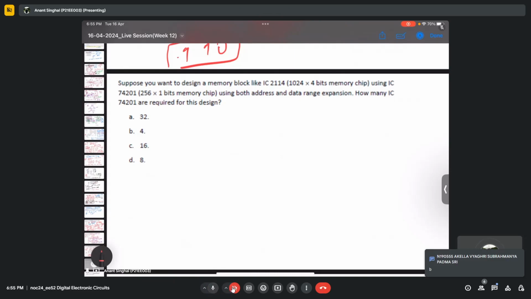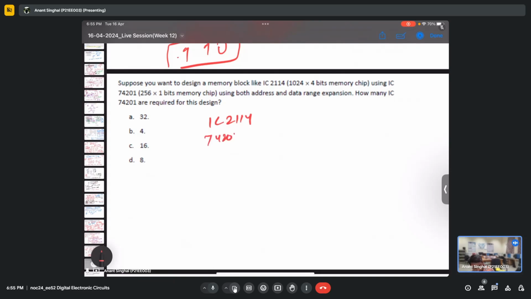The answer is 4. Let me also try. Now we have two ICs here, one is 1024 cross 4 bits memory, and the other is 256 cross only 1 bit memory.